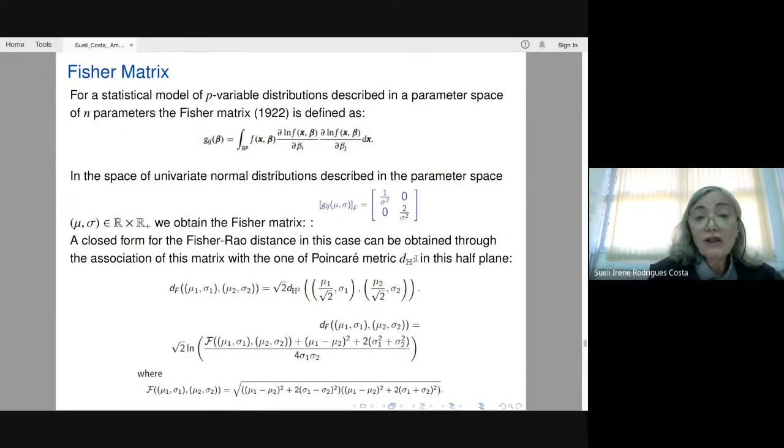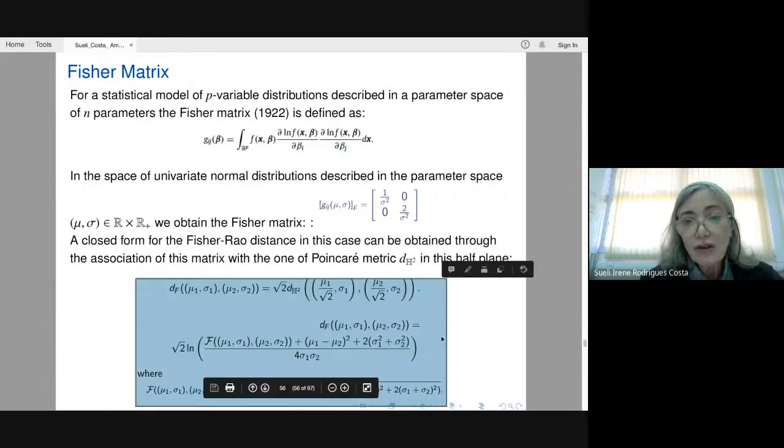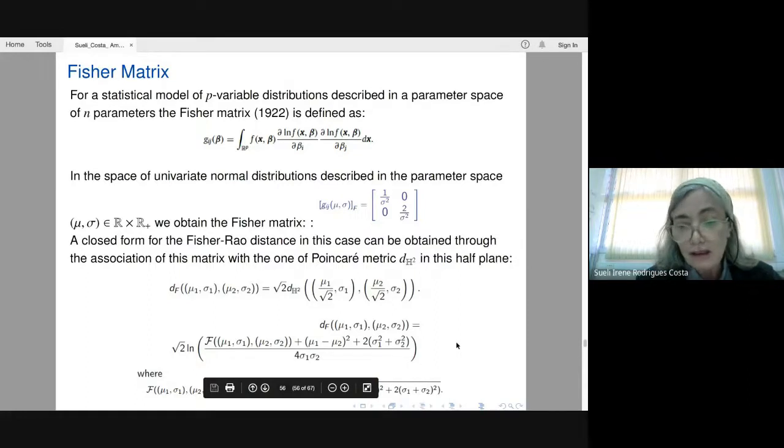A closed form for the Fisher-Rao distance can be obtained by association with the Poincaré metric in the half-plane. Since we have this matrix for the metric, the Fisher distance will be square root of 2 times the distance under the Poincaré metric in the half-plane. Using this relation, we can get a closed form for the distance.